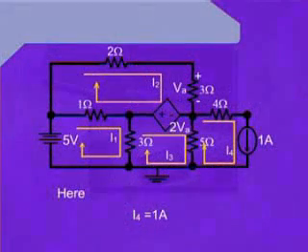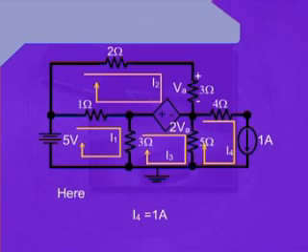After assigning currents to the individual meshes, which are 4 in total, we can clearly see that mesh number 4 has one independent current source attached into the loop.